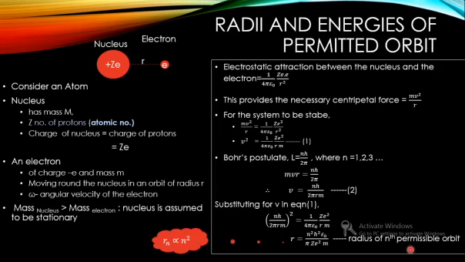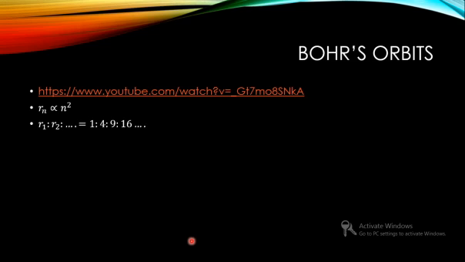Okay, and what is your inference? h is the Planck's constant, epsilon 0 is the permittivity of free space, Z is the atomic number, e is the charge of the electron, m is the mass of the electron. All these are constants. So here you can see that the radius of the orbit will vary with the orbit number as n square.